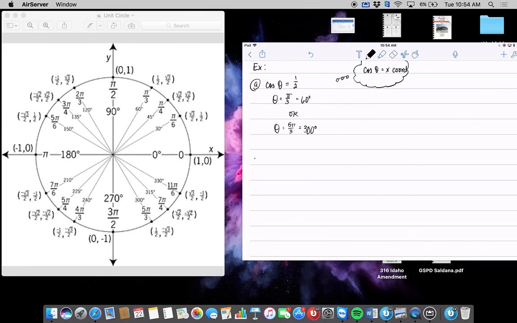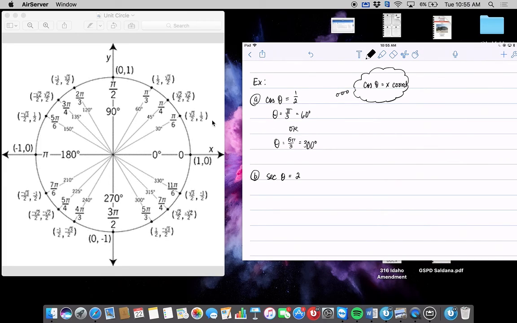Let's do another one really quick. Call this example A, example B. Let's say this time I want to find secant of theta such that secant of theta is equal to 2. Now, secant of theta is not directly on the unit circle, but this is a unit circle problem. What we have to remember here is where exactly secant of theta comes from. We should recall that secant of theta is the same thing as 1 over cosine of theta. So let me continue my thought bubble: I should be thinking, 1 over which number will give me 2?